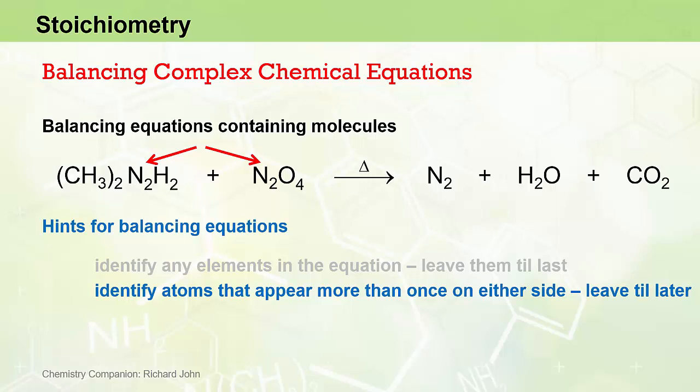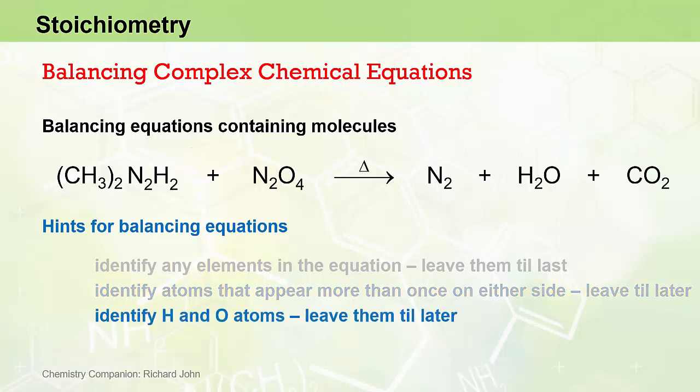We can see that nitrogen appears more than once on the left-hand side of the equation. It appears in 2 substances, and so that is another reason to leave nitrogen till last when balancing this particular equation. And we can also see that oxygen appears in 2 substances on the right-hand side, so we will leave the balancing of oxygen atoms till near the end as well. Next, we identify any hydrogen atoms and oxygen atoms, and we leave them till later as well.